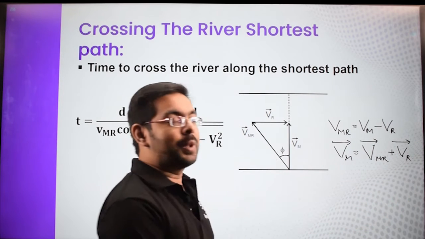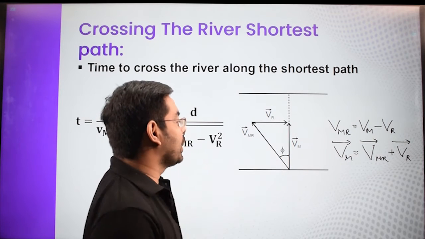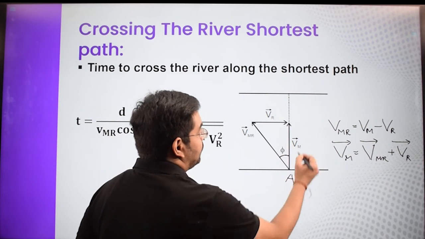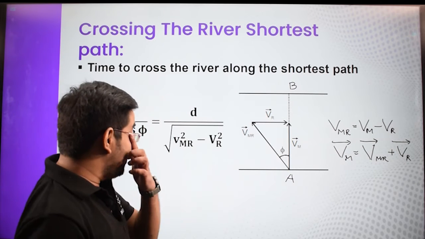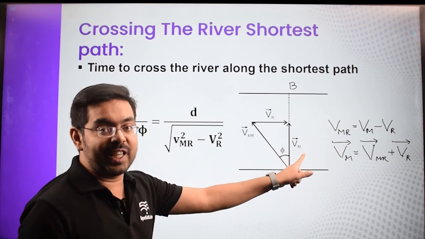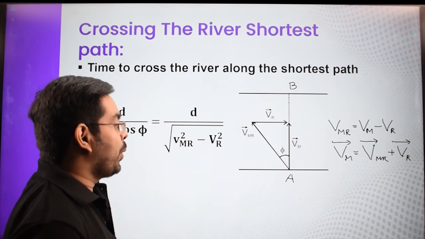Both these velocities will be added to give the resultant velocity of the man, which should be along the line AB. So actually Vm is the velocity which is helping the man to reach point B.